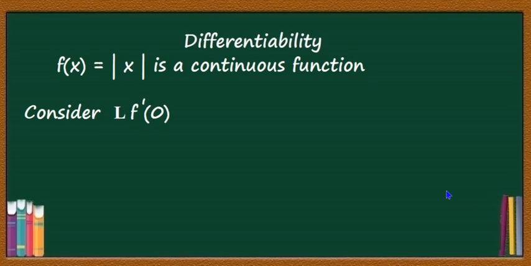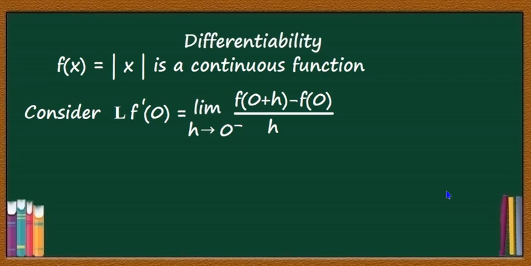And consider the left hand derivative at x equal to 0, that is L f dash of 0. That's equal to limit h tends to 0 minus, what is f dash of 0? f of 0 plus h minus f of 0 divided by h. And that is equal to, what is f of 0 plus h? That is f of h.